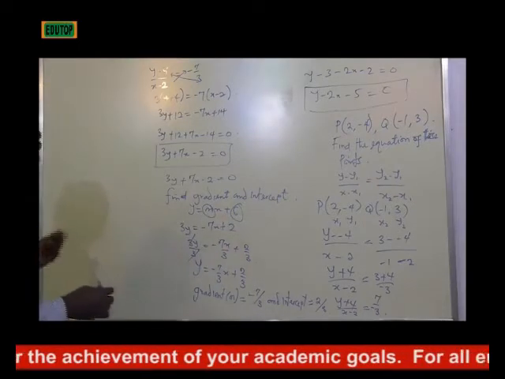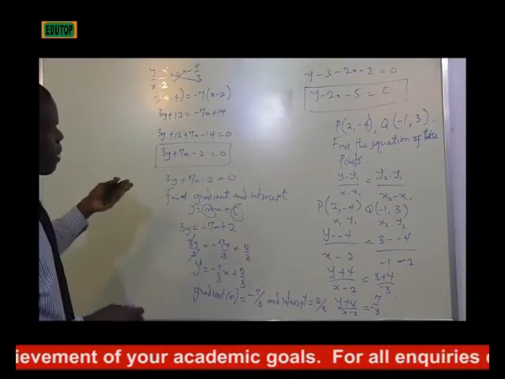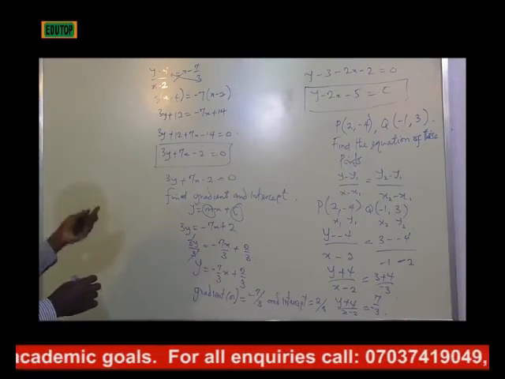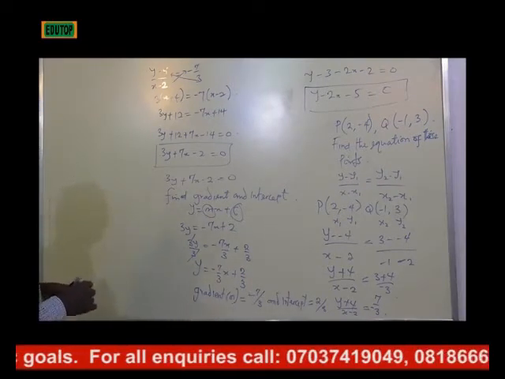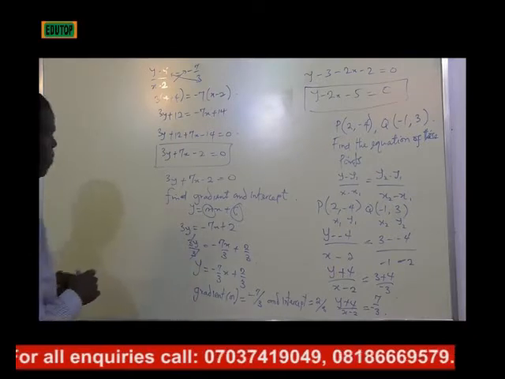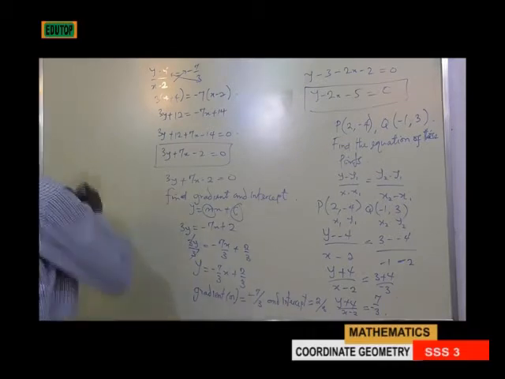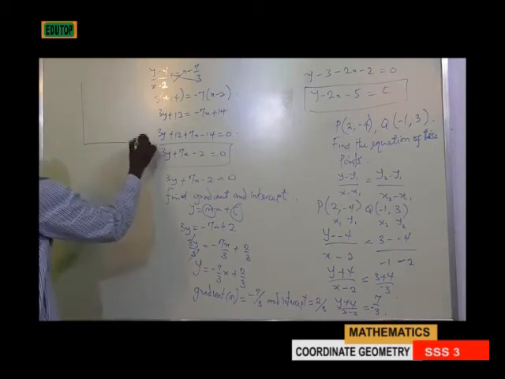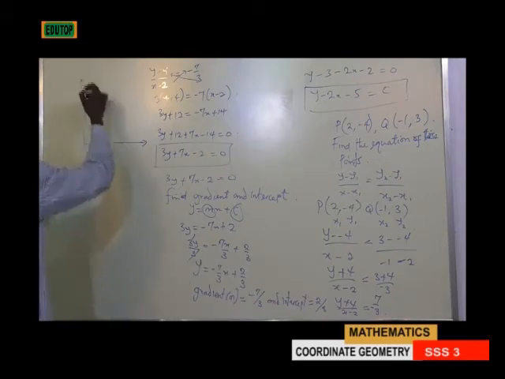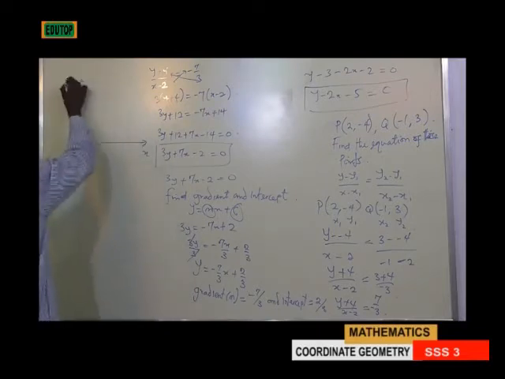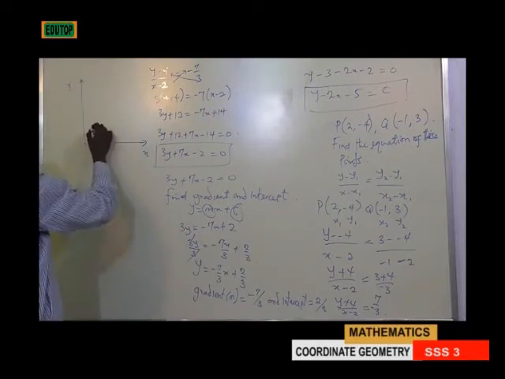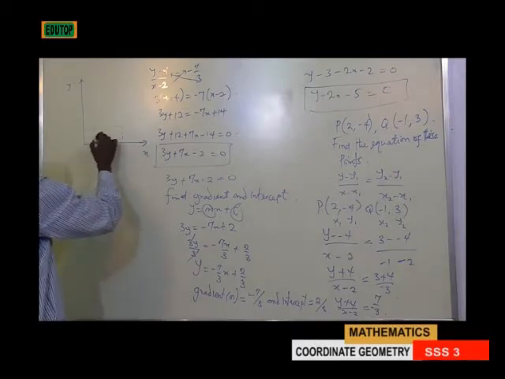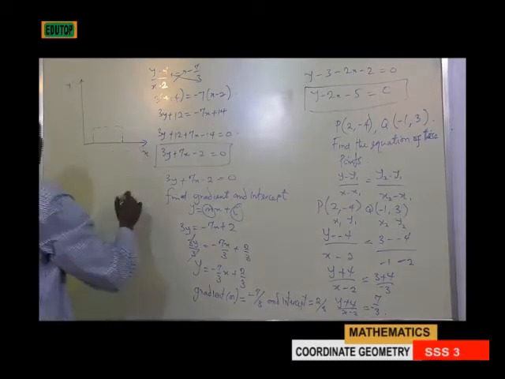Gradients and intercept. One point can be given, and two points can also be given. So if you have to determine the gradient, you have a plane like this where you have your x-axis and your y-axis, like your rectangular Cartesian plane.